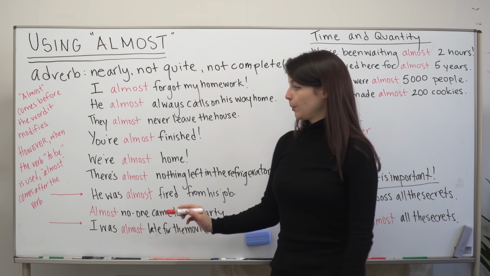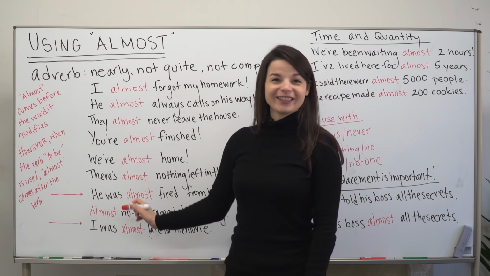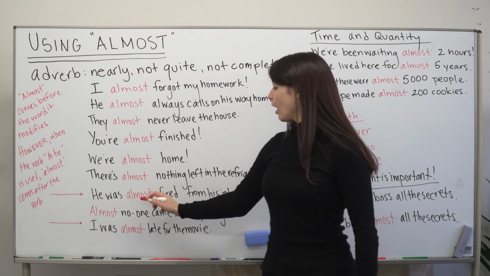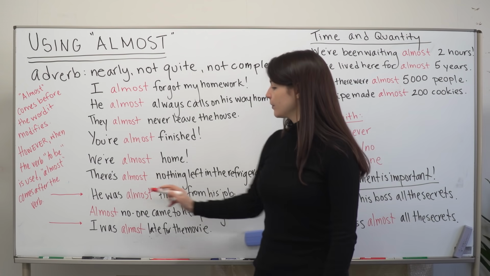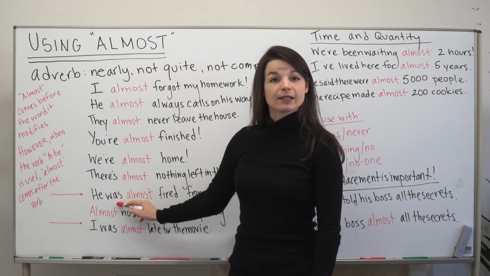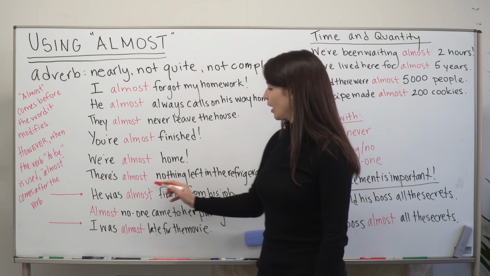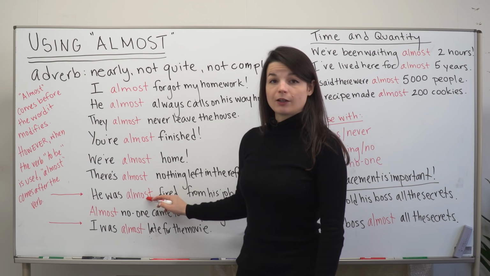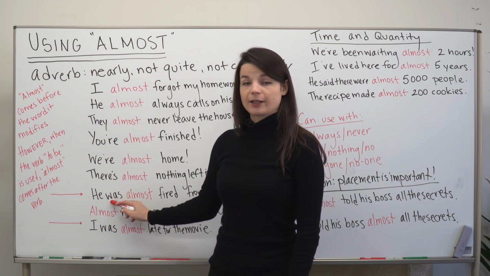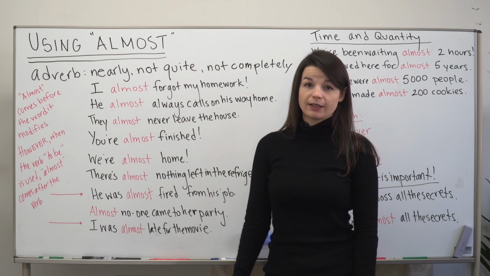So let's look at an example. Here I have: he was almost fired from his job. So here's my to be verb, in this case was. He was almost fired from his job. So here, almost follows the verb to be. This is a slight change.